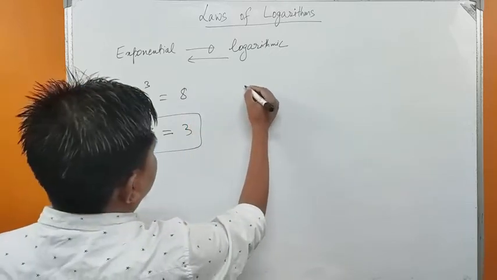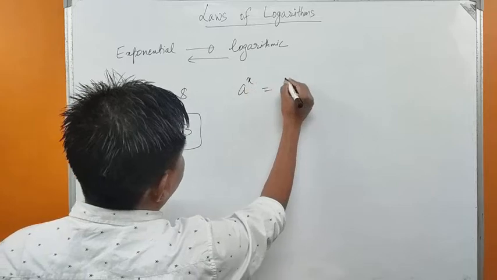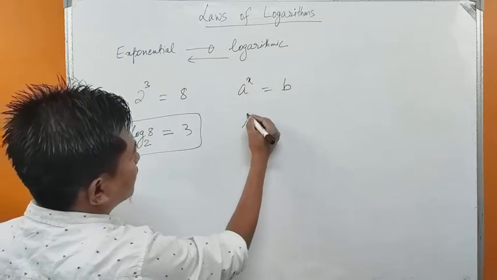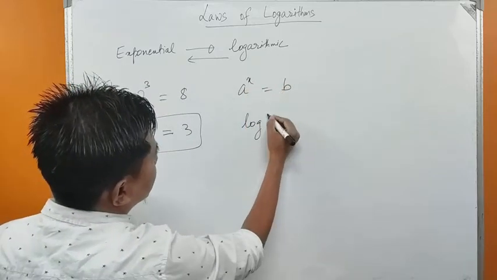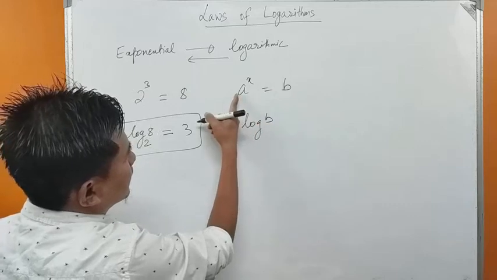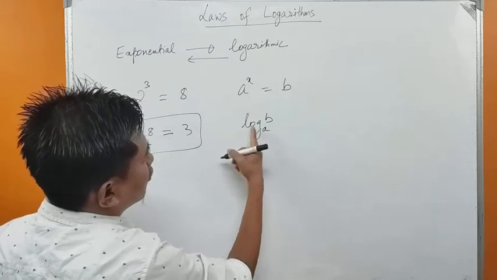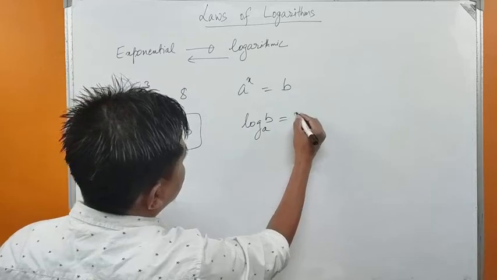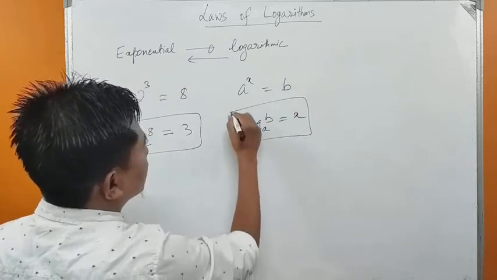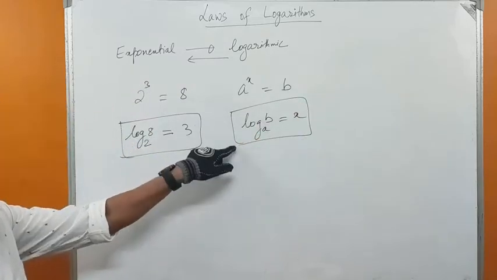Which means if a to the power x equals b, then we write log b to the base a equals x. This a will come here as base. This is how we convert exponential to logarithmic form.